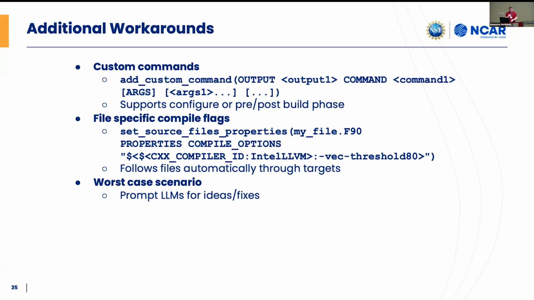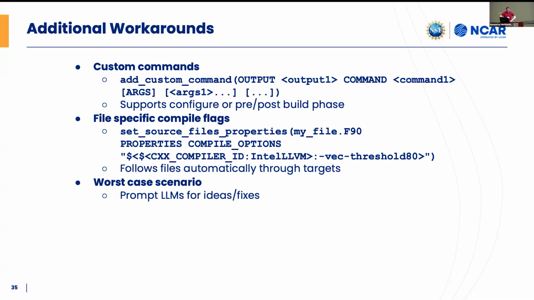Something I did not know until just this week when I was putting these together, one of the things I ran into myself on the CAM project was that we had an issue with the Intel LLVM compiler, and it wasn't vectorizing our code just right. And so I had to add an explicit line on our makefile for Intel LLVM and this additional compiler flag for this file. I did some digging, and it turns out you can do this today in CMake as well with the set source files properties.